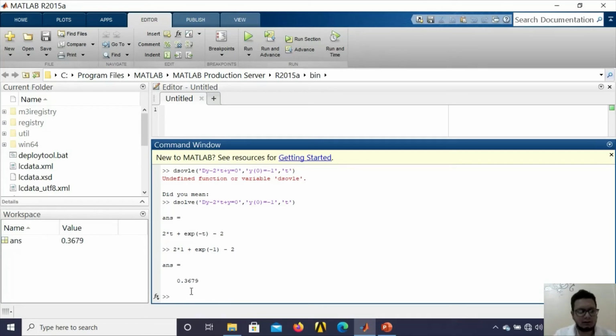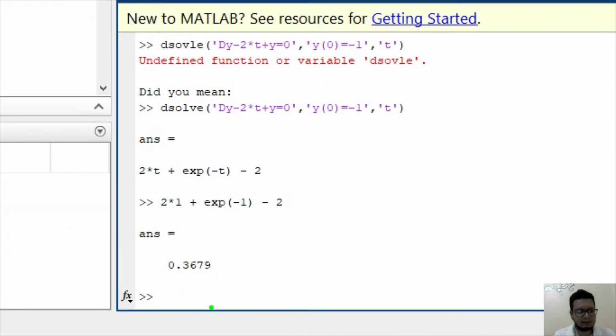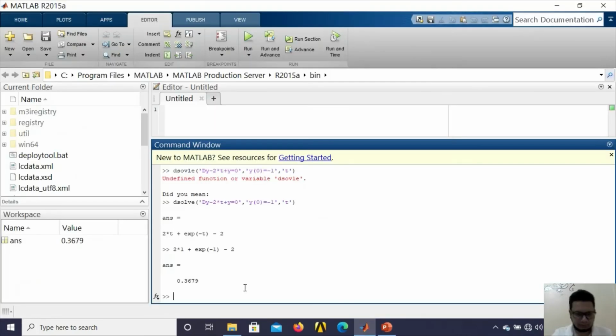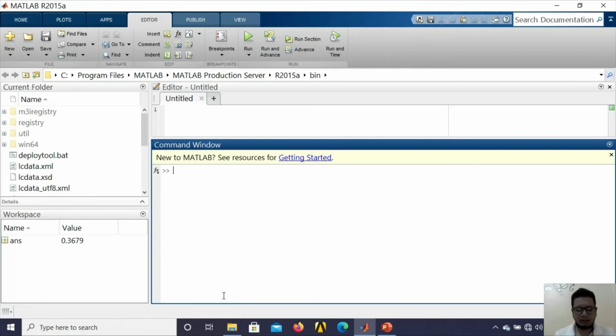So the exact solution is 0.3679, whereas the Euler's solution is 0.348678. This is an approximate solution, because Euler's method is an approximate method to solve the initial value problem, so the solution has some error, whereas the exact solution is 0.3679.